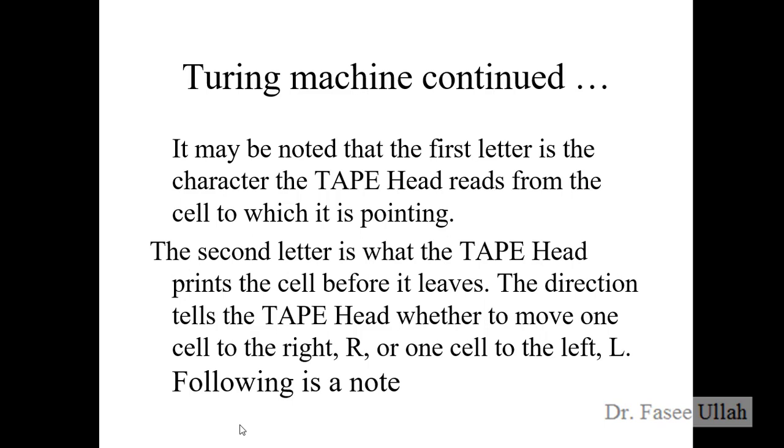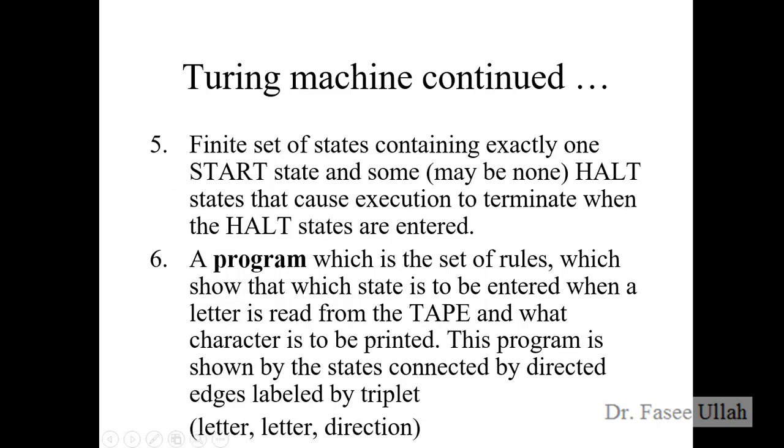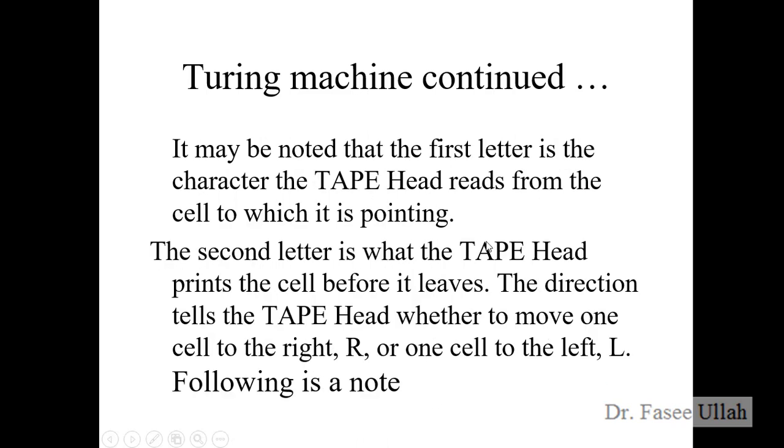Whenever it moves on, it will print the previous letter. The direction tells the tape head whether to go one cell to the right or one cell to the left. That is the important thing. I have already explained the letter and direction; this is the explanation of the previous letter and direction, which is called the triplet.